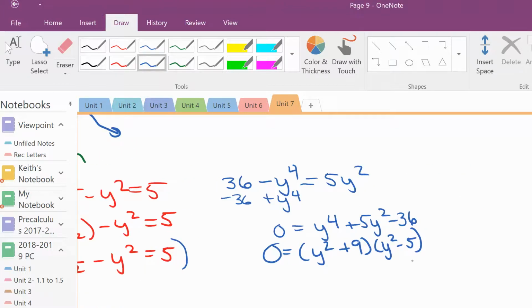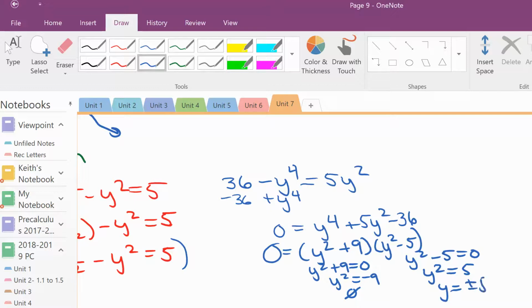Now you can't factor either one of these, so if you solve, y squared plus 9 equals 0. Y squared equals negative 9, so that means there's no solutions there. Y squared minus 5 equals 0. Y squared equals 5. So y equals plus or minus rad 5.